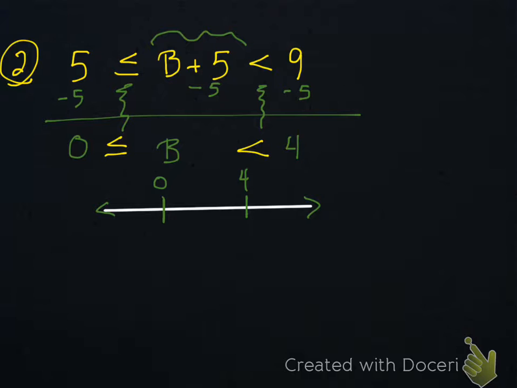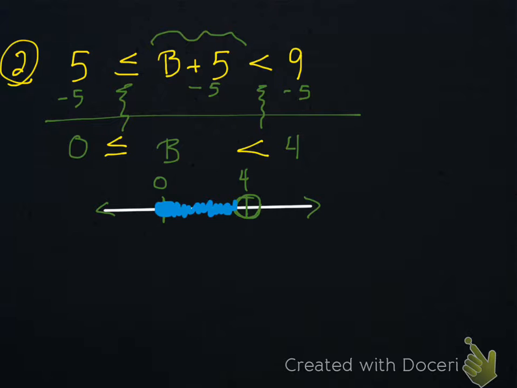And now 0 is going to get a solid dot, but my 4 gets an open dot. Now why is the 0 solid? Yeah, because it has that line underneath, and the 4 does not have a line, so it's open. Now let's look at where we're going to shade. b is in between the 2 numbers, so I shade in between the 2 numbers.